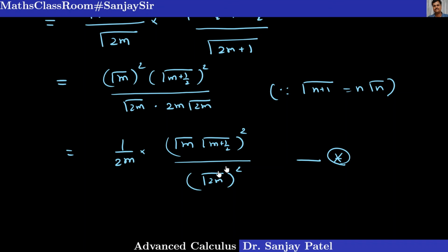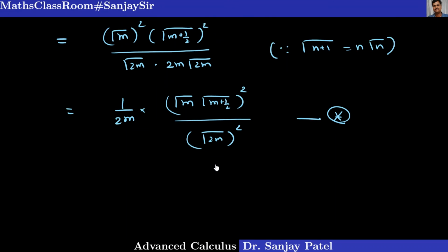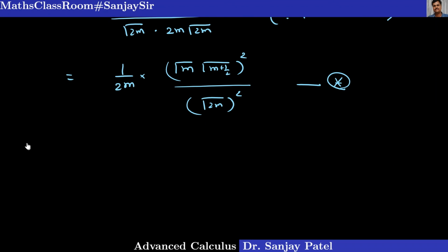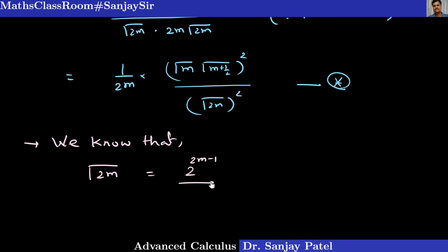And we have something like this in a very popular formula, which is the duplication formula. So we know that the duplication formula is gamma 2m is equal to 2 raised to 2m minus 1 upon square root of pi into gamma m into gamma m plus 1 by 2. This is from the duplication formula.